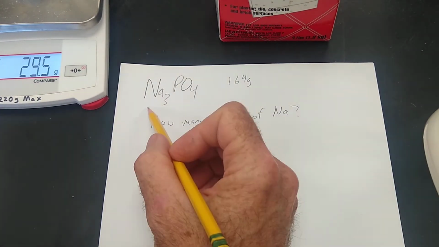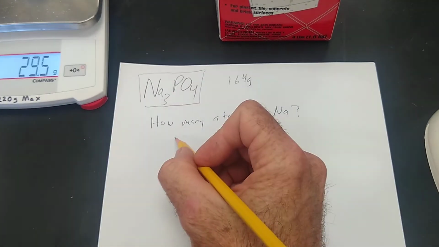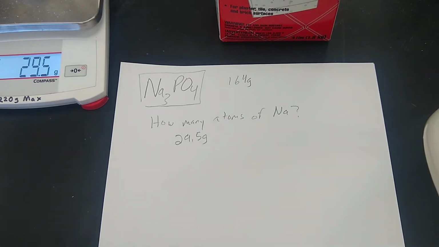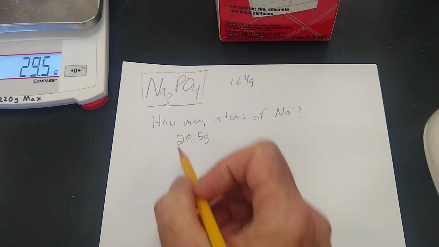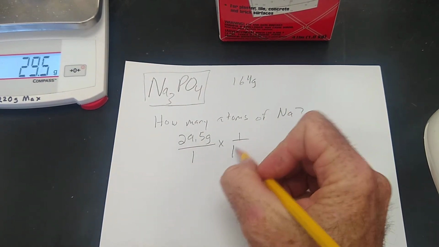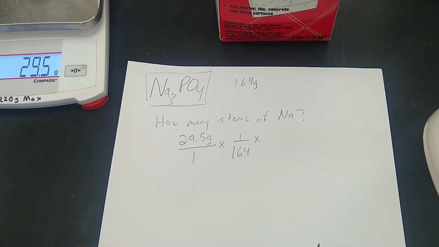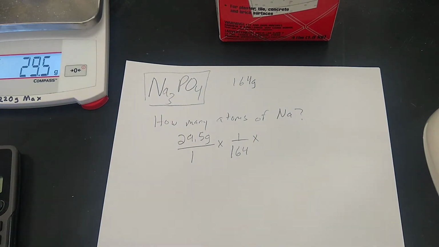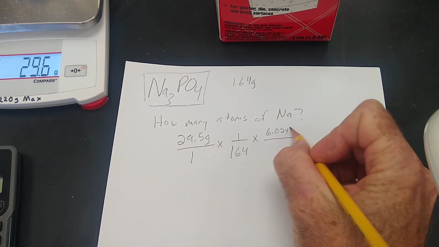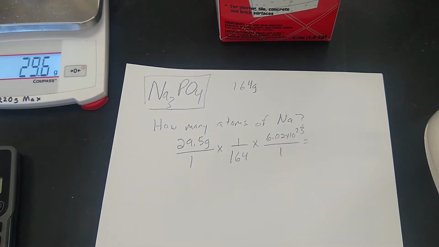First, let's figure out how many compounds of sodium phosphate are in 29.5 grams of sodium phosphate. The way we can do that is a two-step problem. 29.5 times 1 over 164 gives us so many moles. And then, how many moles we have? There's 6.02 times 10 to the 23rd of those per mole.